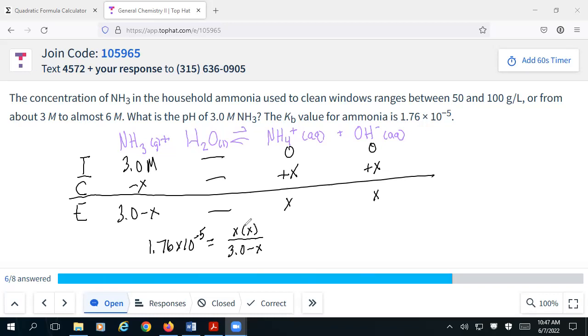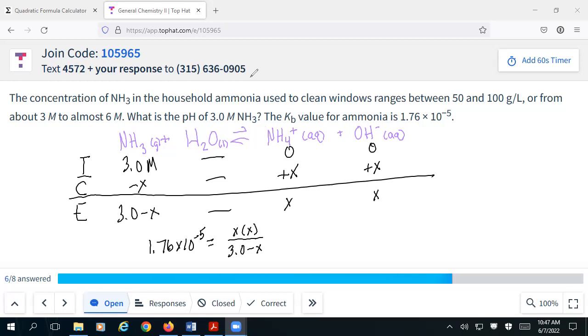Now, you can go through this and solve the quadratic. However, this is also a good place where we can take a peek at the 5% rule and see if that gives us a shortcut so that we don't have to solve the quadratic.